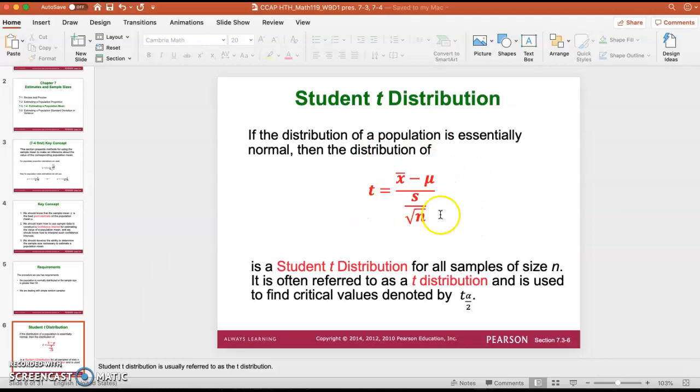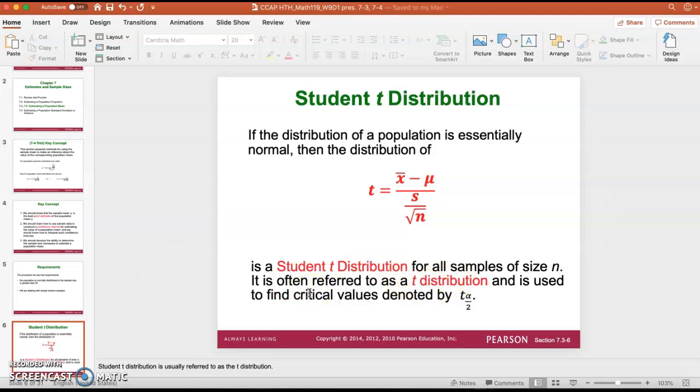You do not need to worry about this mess of a formula, at least in this chapter. Just know that this is essentially what we're using to find the t distribution, which is the distribution we'll use instead of the z distribution for these confidence intervals. So this is called the student t distribution for all sample sizes of n, and sometimes it's shortened as the t distribution.